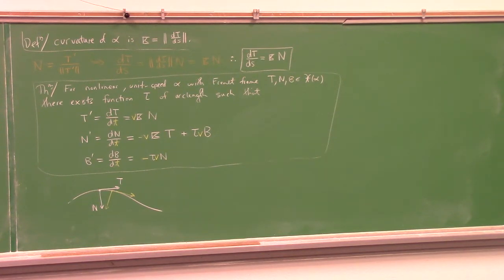One of the formulas here, I don't know if I fixed it or not, but the formula is supposed to be that the torsion is equal to alpha prime cross alpha prime prime, dotted with alpha prime prime prime, divided by the length of alpha prime cross alpha prime prime squared, right?